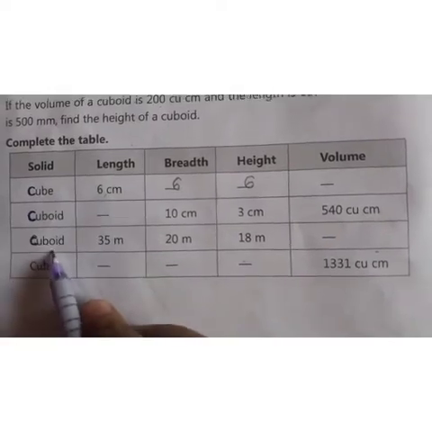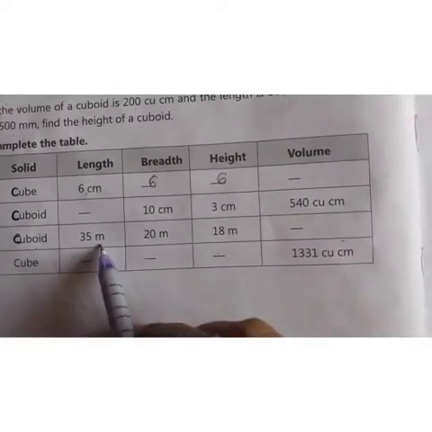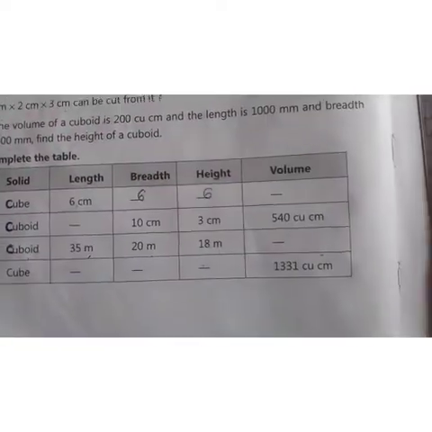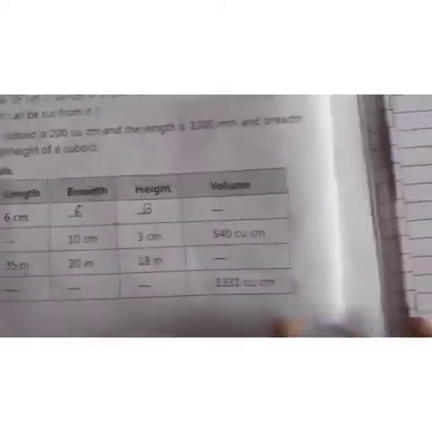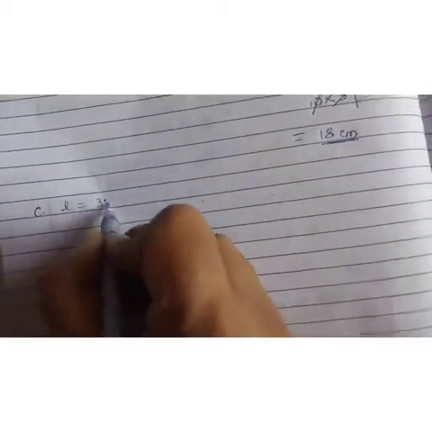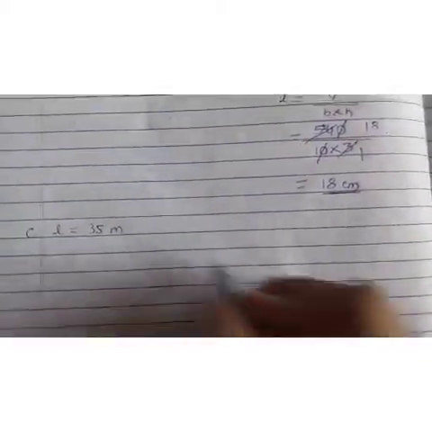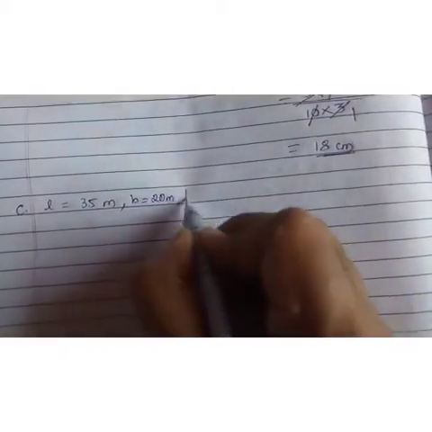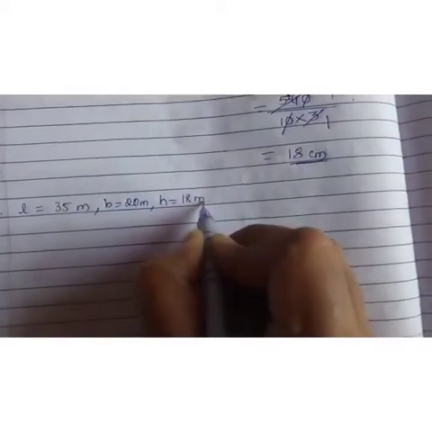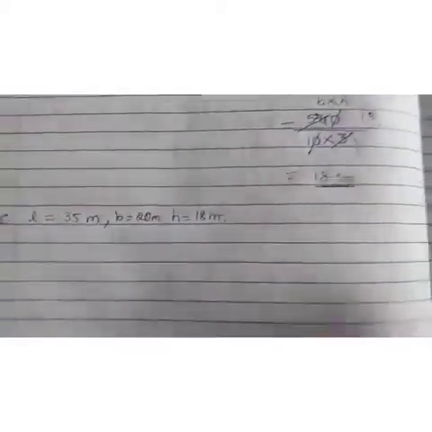Next we have a cuboid whose length is 35 meter, breadth is 20 meter and height is 18 meter. You have to find volume. So write length is equal to 35 meter, breadth is equal to 20 meter and height is equal to 18 meters. You have to find the volume.